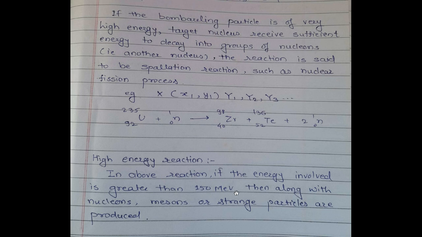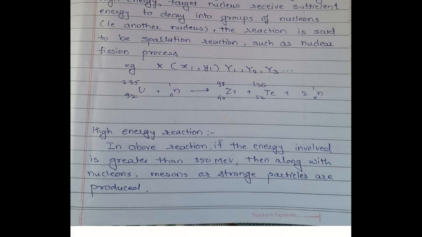Along with these nucleons, the product nucleus and product particle, we will get particles such as mesons and strange particles produced in this high energy reaction. These reactions we call high energy reactions, wherein along with the nucleons we get either the meson or the strange particle as the product particle. So these are the various types of nuclear reaction.